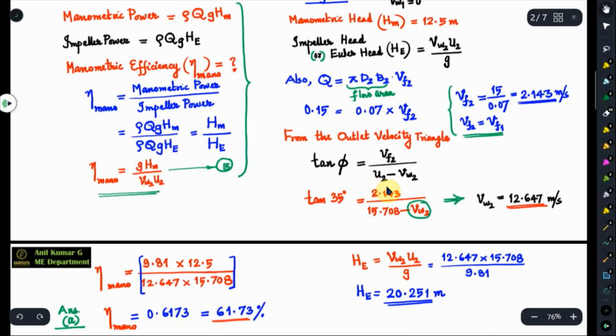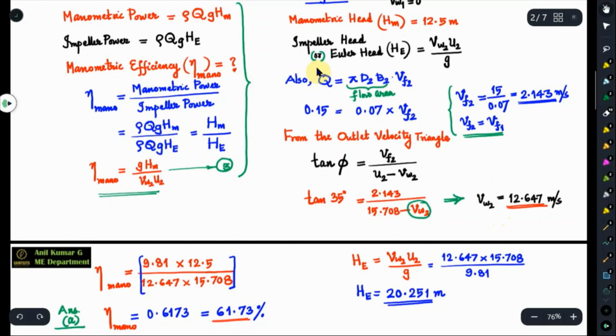And U2 we found out already, that is 15.708, and Vw2 we need to find out. Vf2 we know 2.143, and angle phi, that is the vane angle at outlet, that is 35 degree. So in this relation the only unknown is Vw2, which you can find out. So if you operate this, you will get Vw2 is equal to 12.647 meter per second.